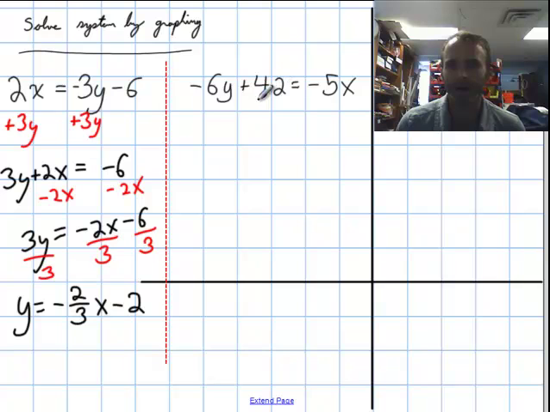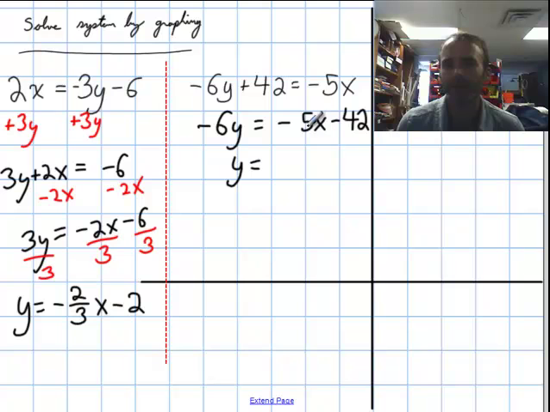Alright, so in this step I am subtracting. I want to get the 42 to this side, so I'm going to do that step in my head. Subtract 42 from both sides. So I know that that term comes over here, and now it's a negative. Now I'm going to divide everything by negative 6.